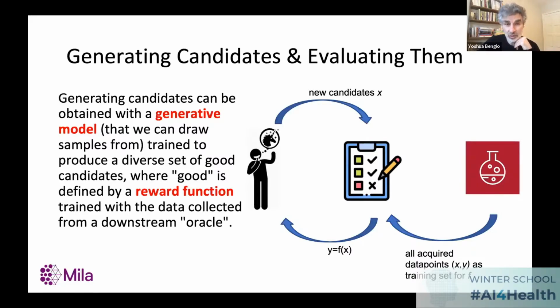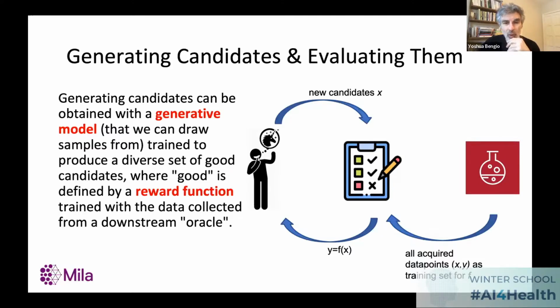That's the one that does the search. It can query the function f, which we're going to call a reward function, on new x's, but it queries the proxy reward function. It doesn't query the biological experiment because that's too expensive. So we can do that much in an inner loop in the computer. That loop on the left is all in the computer.